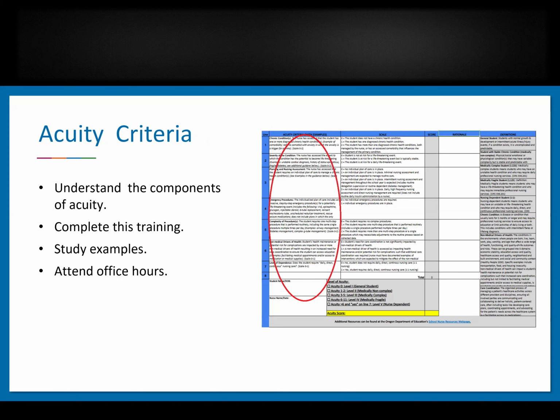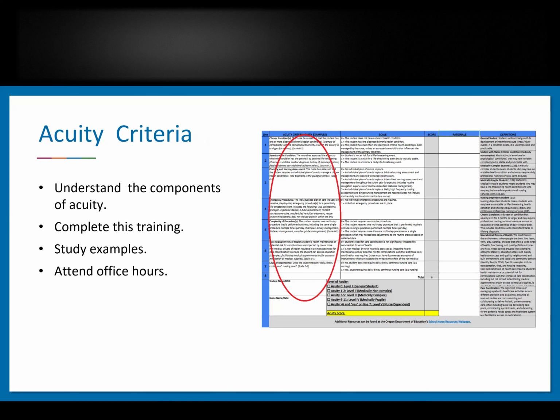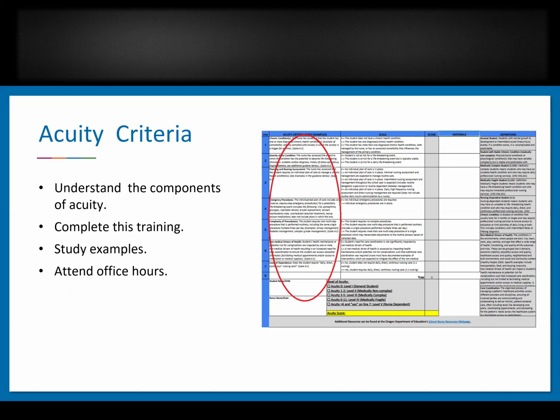Developed in collaboration with ODE, in its current iteration, the Acuity tool supports a nursing assessment of multiple components of acuity. The criteria in this version are more concise and scoring scales have been fully defined. It is essential that nurses understand this tool before they use it.